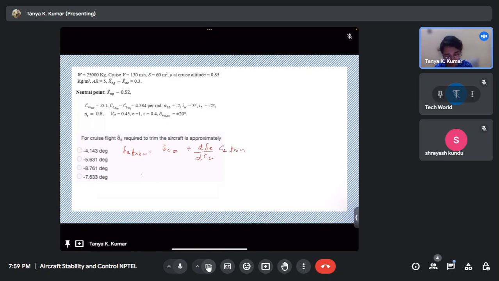And if you expand this, it's minus Cm naught by Cm delta E plus x bar np minus x bar cg by Cm delta E into Cl trim. Try doing this. Again, you have all the quantities, just do it.